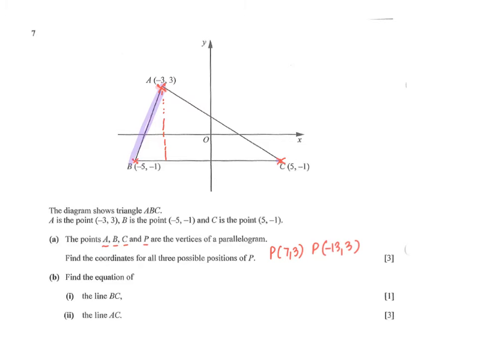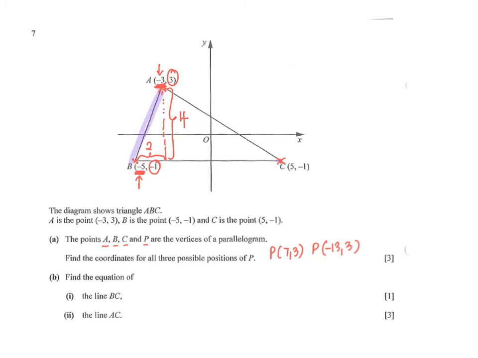Let's take a look at the X coordinates first. This x coordinate shifts from A at -3 units to B at -5 units, so there's a total of 2 units over here. And for the y value, this is 3 and this is -1, from 3 to -1, that's a total of 4 units difference.